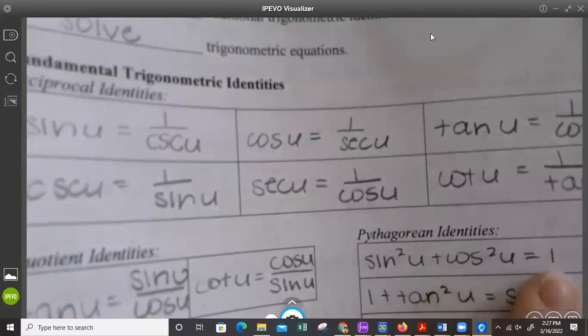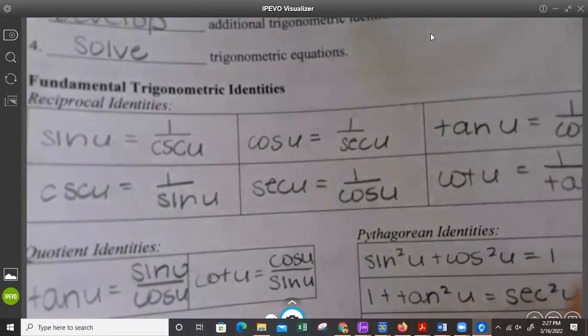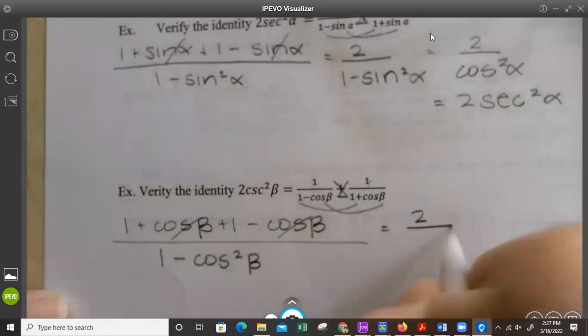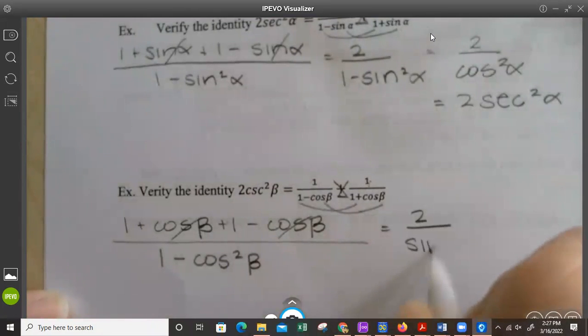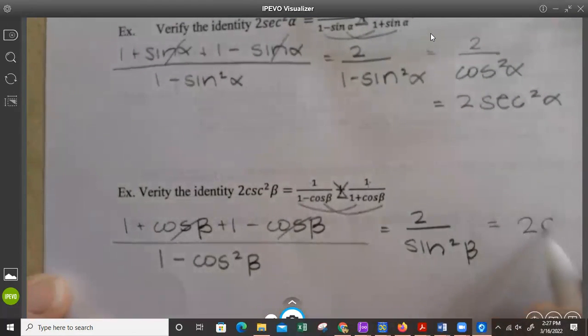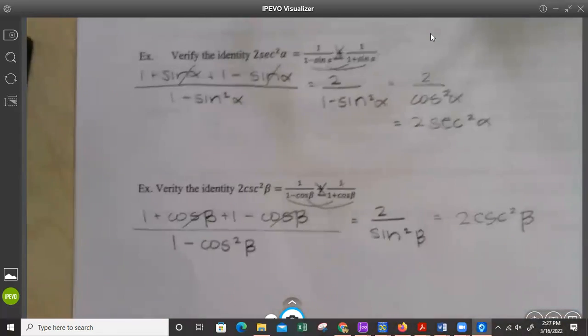If I have 1 and I subtract cosine squared, what am I going to have? Sine squared. So on the top, 1 plus 1 is 2. On the bottom, I know I'm going to have sine squared. And then what is sine on the bottom? That's it.